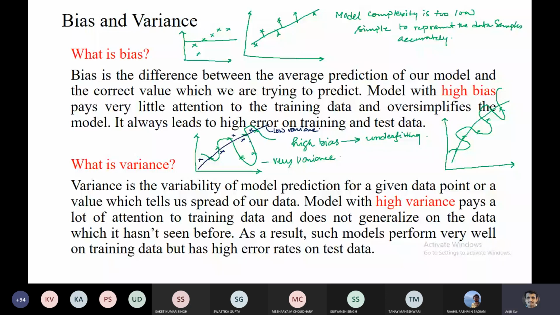Getting the point? In that case, these two are not following the distribution. They are outliers.